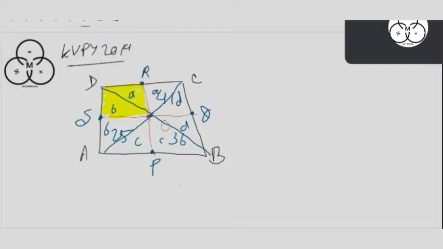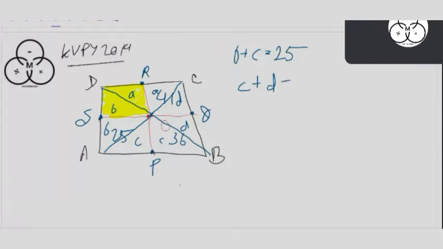Quite simple. So what can we write? We can write B plus C equals 25. C plus D, these are the areas of the halves.